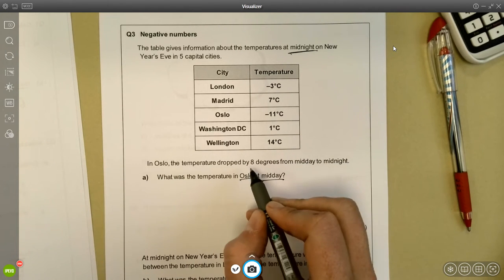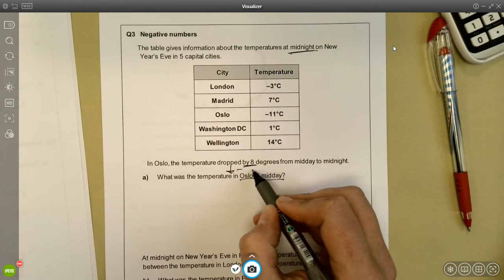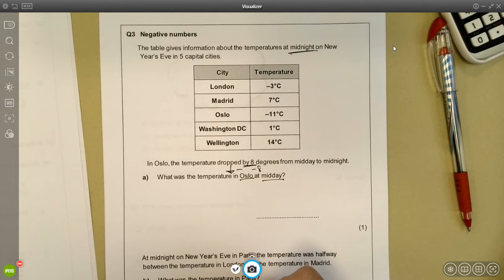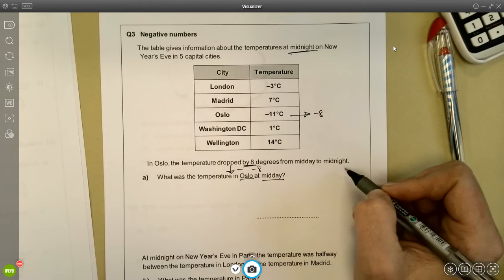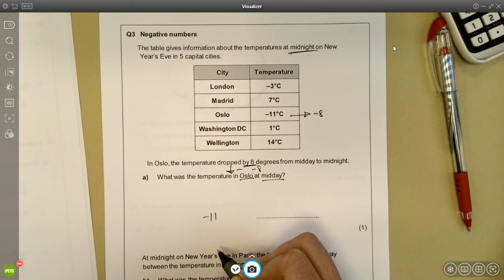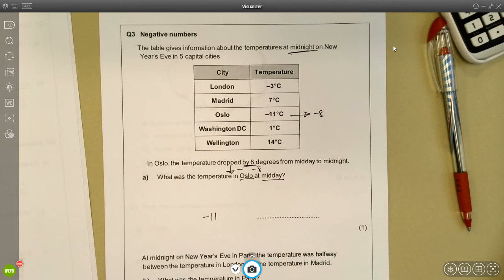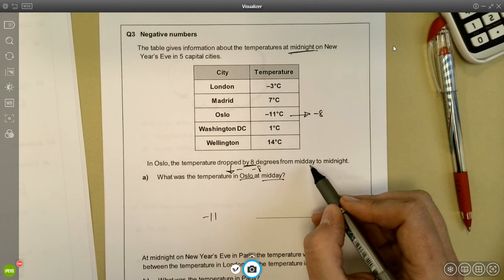In Oslo, the temperature dropped by 8 degrees. So dropped, subtract 8. So basically, we're taking it down 8 degrees from the value here. So we're taking away 8 from that. So our calculation, all right, hang on.